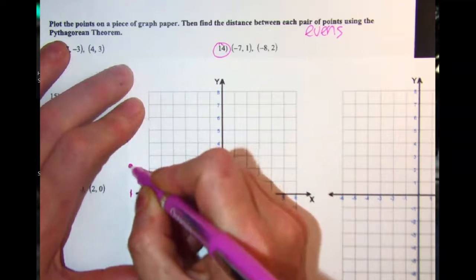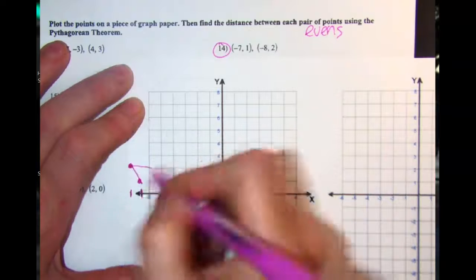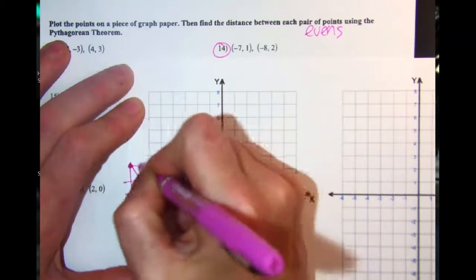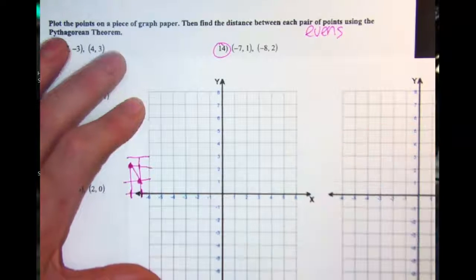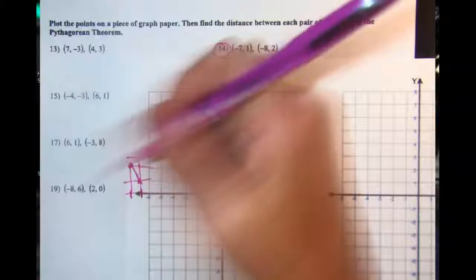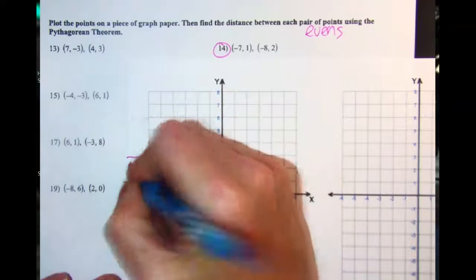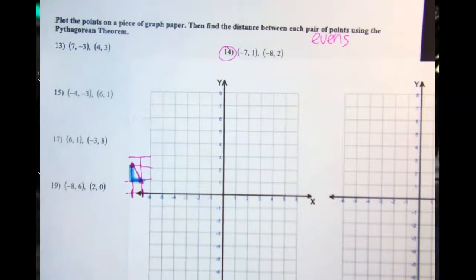If you look at it here, this one's actually kind of hard to do, so that's why I'm doing it with you. If I put the other lines in, it might make it a little easier, but the other ones should be very doable because they should stay on the graph. But if I look at this, here's my diagonal. If I make a triangle, I go down 1 and over 1. Those are my side lengths.